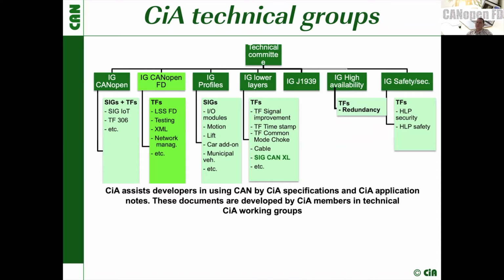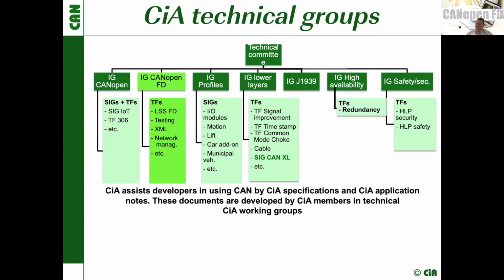So we installed another group, the IG profiles, defining the databases for the different applications. So for example, for I/O modules, drives, elevators, and so on. And the different communication groups can now map this data to their communication technique and define how to communicate this data by using this corresponding communication technique.